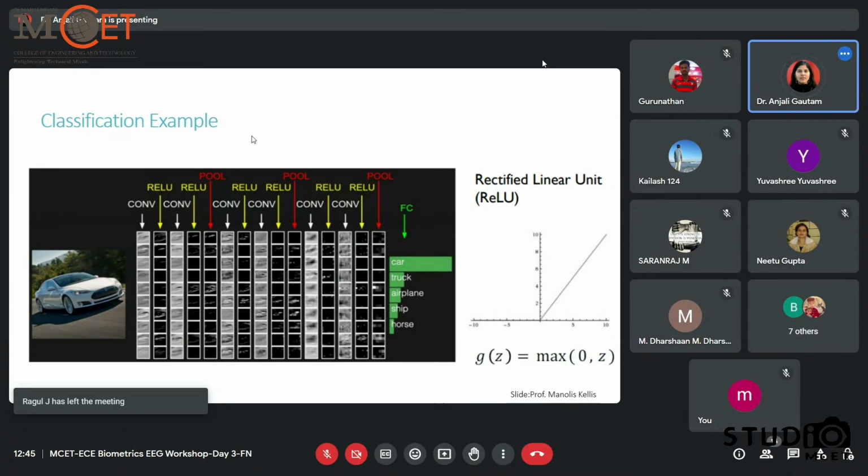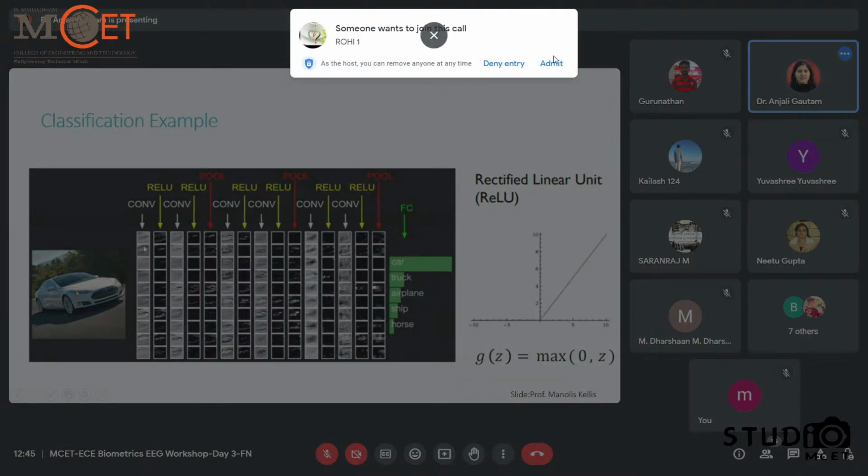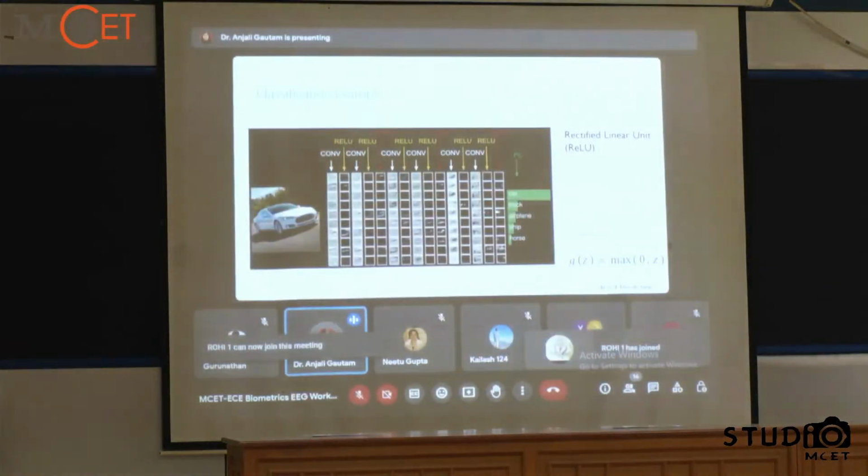Now, after convolution, let's suppose you have got this image. You may ask why there are so many images in one column, why there are so many rows. This depends on the number of kernels you have used.